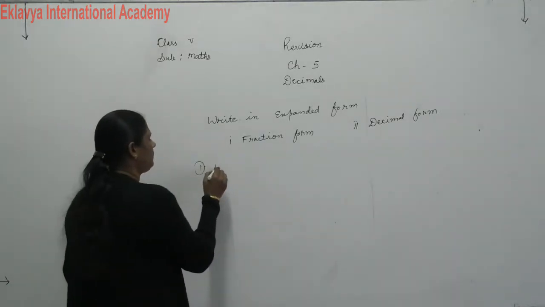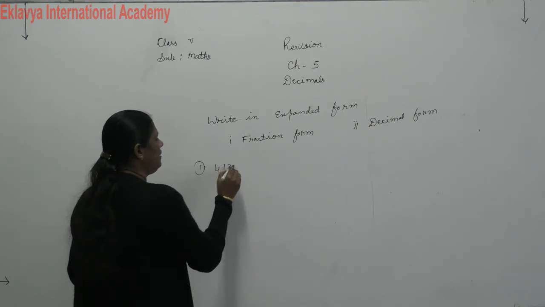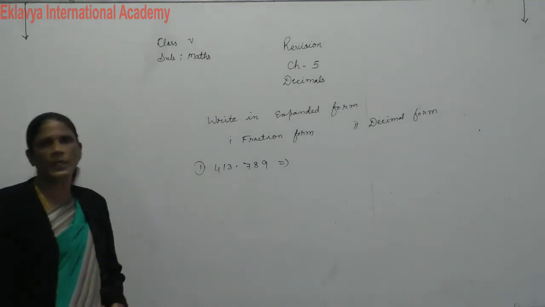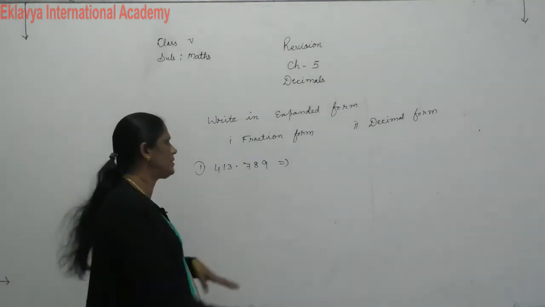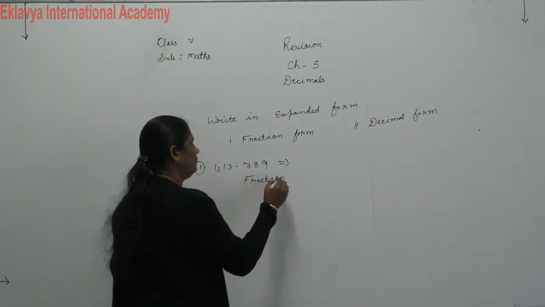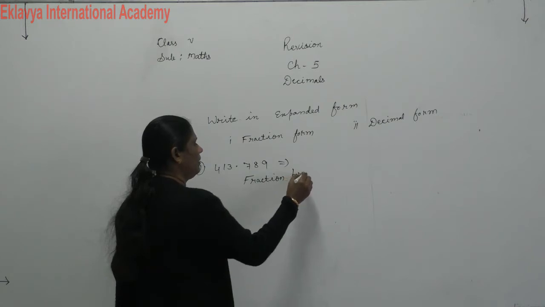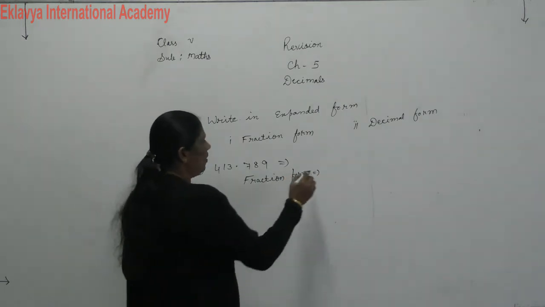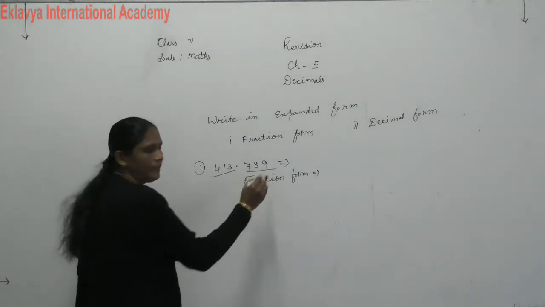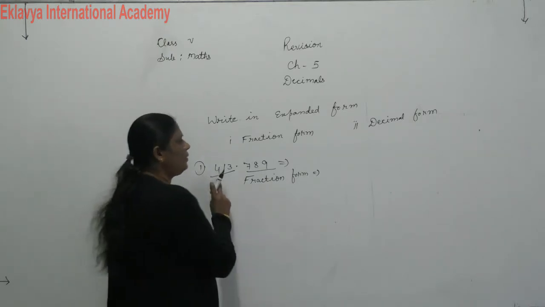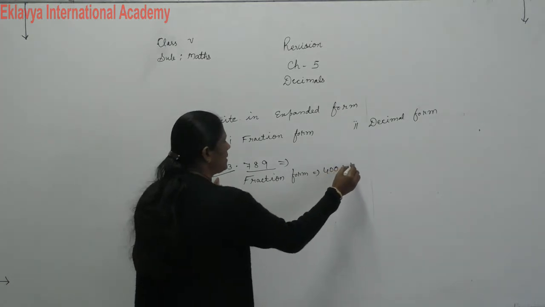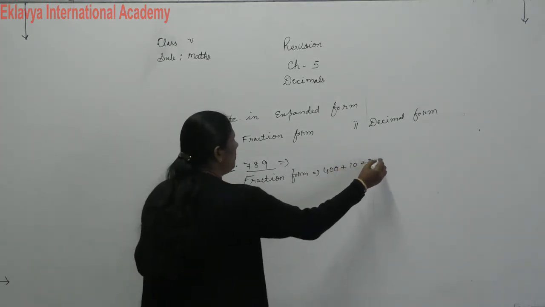First, 413.789. How to expand this in fraction form? This is the whole number part, this is the decimal part. First you write the whole number part, 400 plus 10 plus 3 plus.